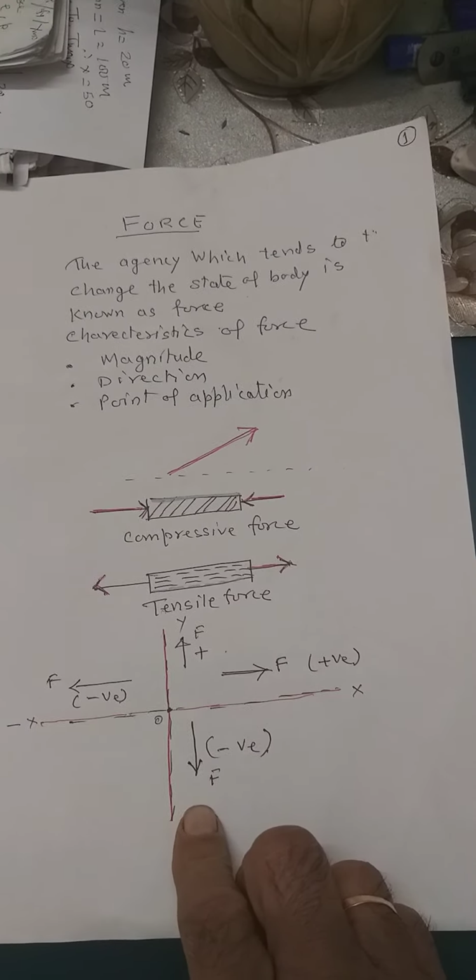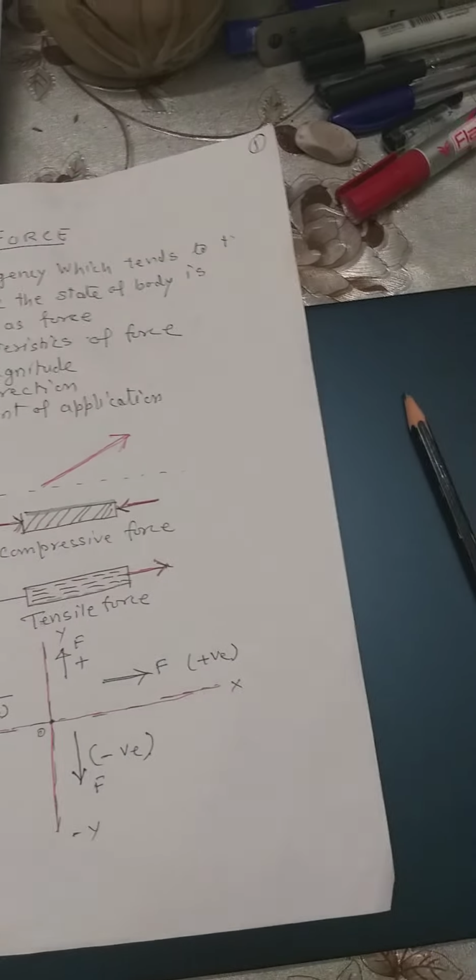The forces acting toward this side, away from this origin towards the left side, are always identified as negative. Similarly, when the forces are acting upward, maybe here or here, we denote that force as a positive force, and the force acting downward is denoted as a negative force. So direction will be given according to their sign conventions.